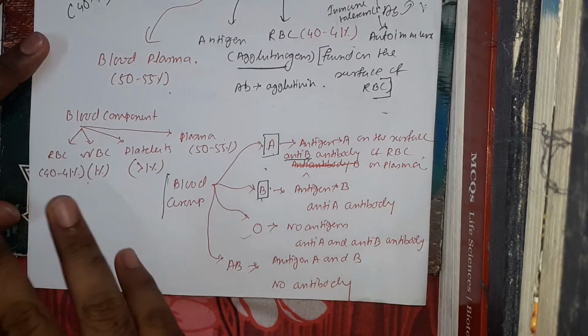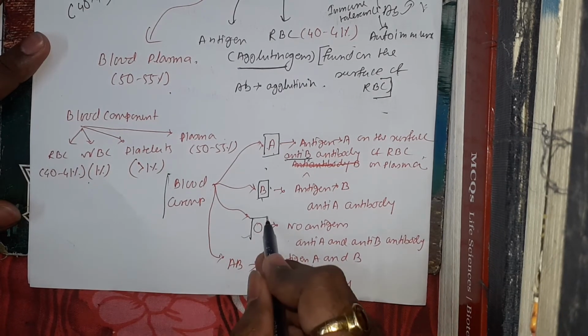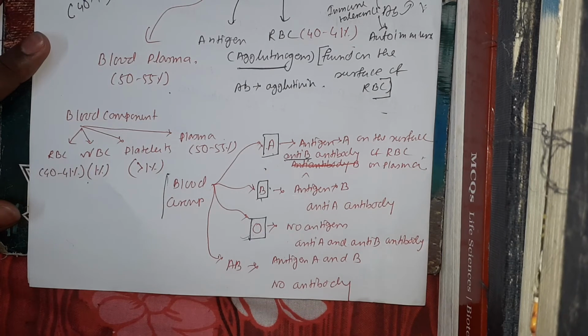We will talk about that in detail in later videos, right? So in O blood group there is no antigen on the surface of RBC, but anti-A and anti-B antibody will be present in the plasma. And in case of AB blood group, there will be antigen A and antigen B on the surface of RBC, and no antibody will be present in the blood plasma.